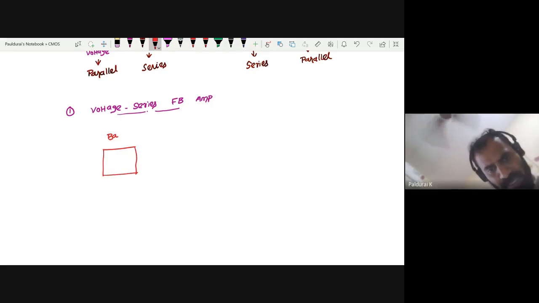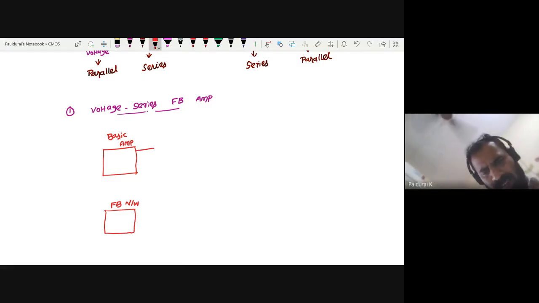This is my basic amplifier. This is my feedback network. Simply it consists of a series of resistors or one resistor. Always you connect the load resistance RL.